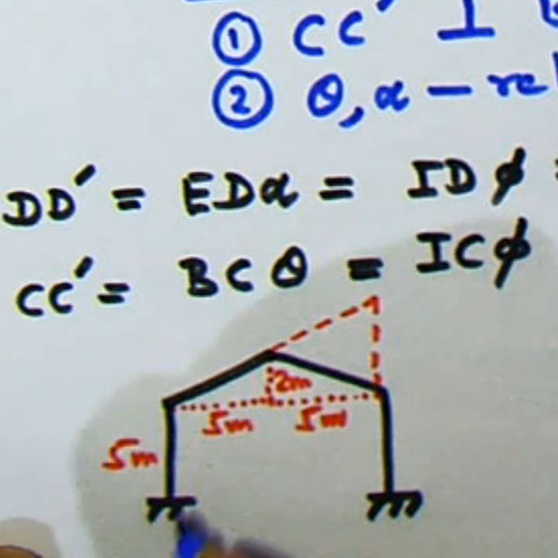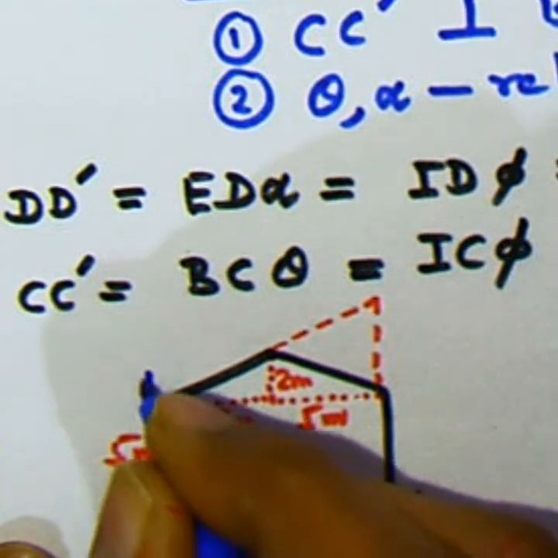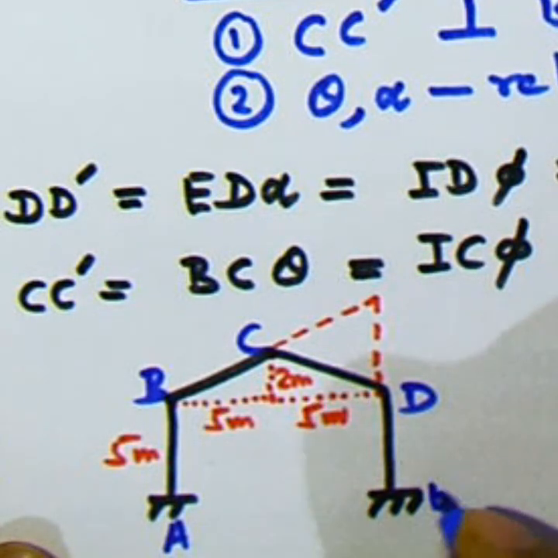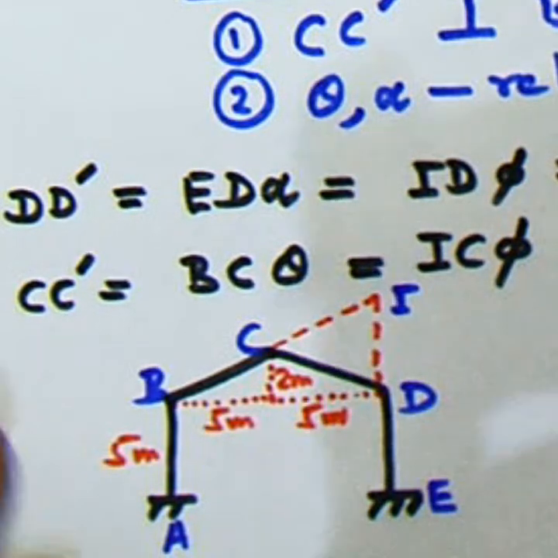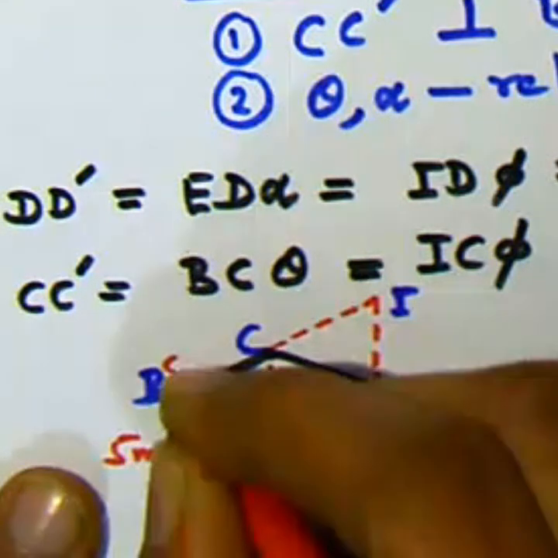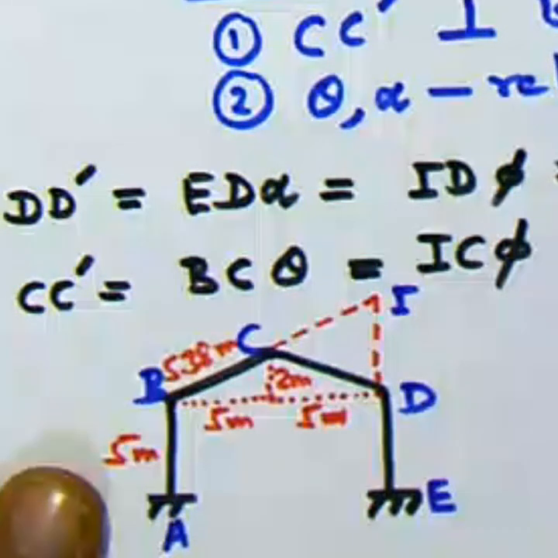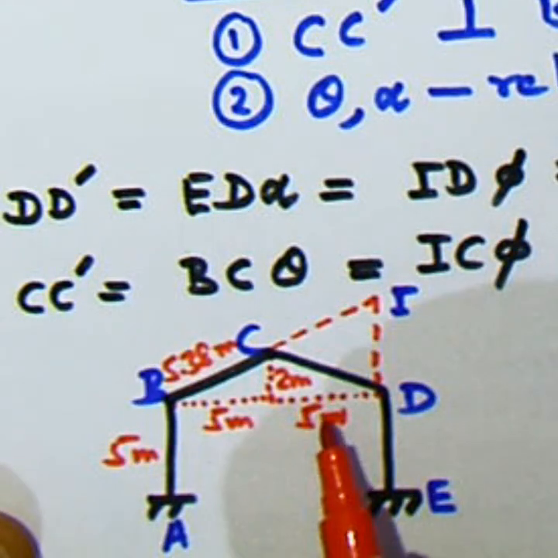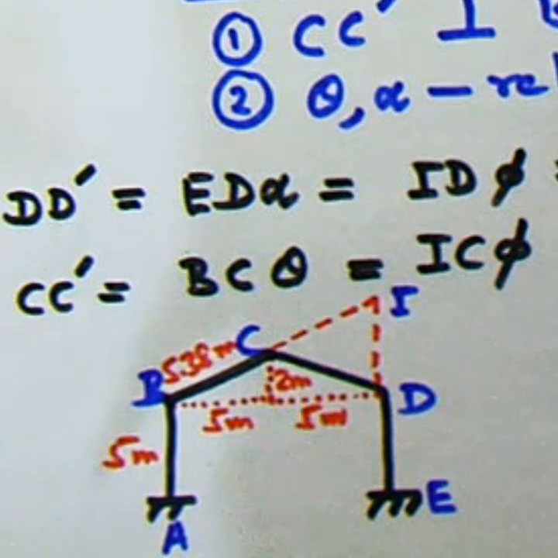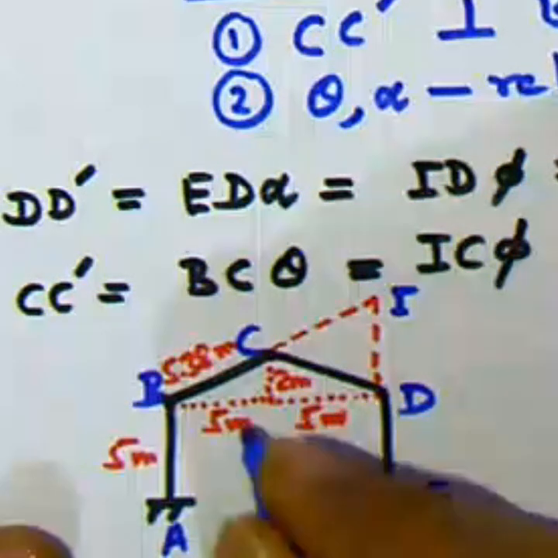Now we just extend the two and go into the instantaneous center of rotation. Now we'll make use of similar triangles. So BC, you can get the value as 5.38 meters.